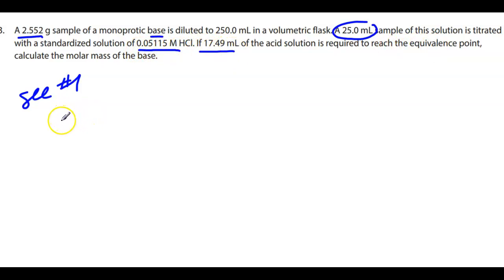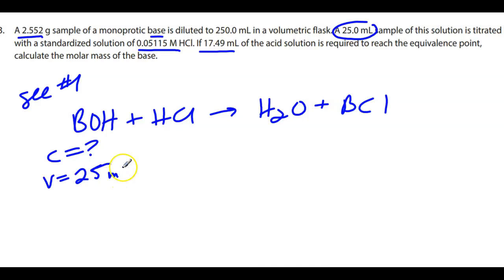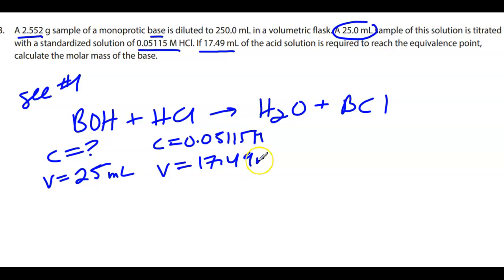So it'd be like, I don't know, BOH, because we know that it's a base, plus HCl would make H2O plus BCl, right? So we were missing the concentration of this. The volume is 25 mL. The concentration here is 0.05115. And then the volume is the 17.49 mL.